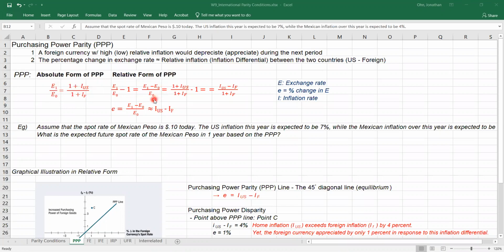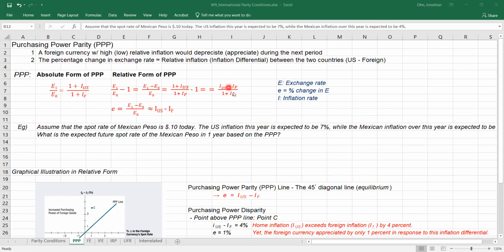Then the left-hand side is the percentage change in exchange rate, right? And the right-hand side becomes (I_US minus I_F) over (1 plus I_F). So we have these two expressions.